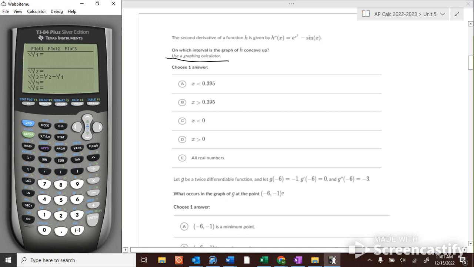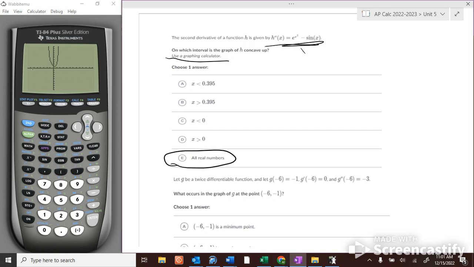So I go e to the x squared, slide over, minus the sine of x. And if we graph it, where is it concave up? Well, does it ever cross here? The answer is no. It's always positive. So if it's always positive, it's going to be all real numbers. Okay? If the second derivative is always positive, it's all real numbers.